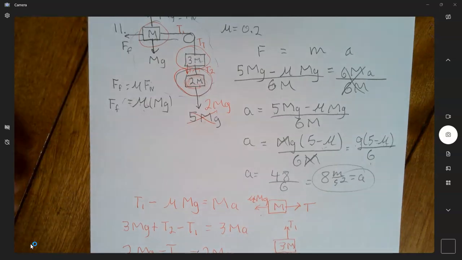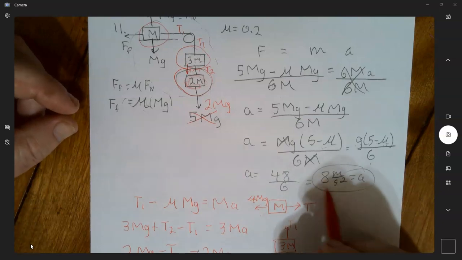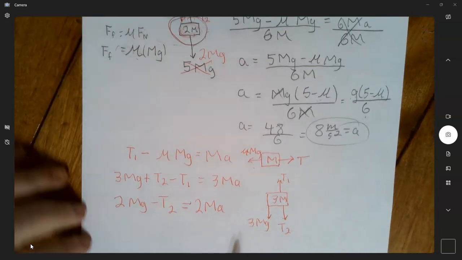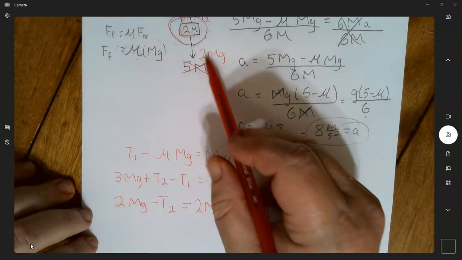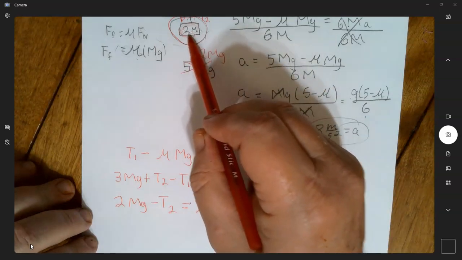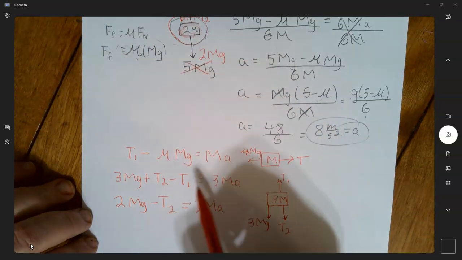All right, so let's go ahead. We got acceleration right there. I was a little off screen there. So again, this one was 2 mg pulling down, not 5 mg, because we're only analyzing the weight of this block. 2 mg down, T2 is pulling it back up, and it's 2 ma.